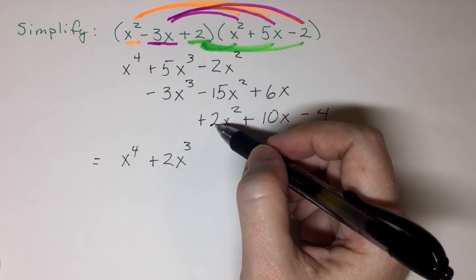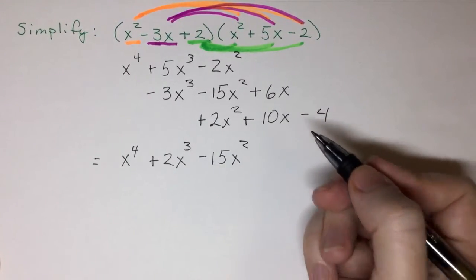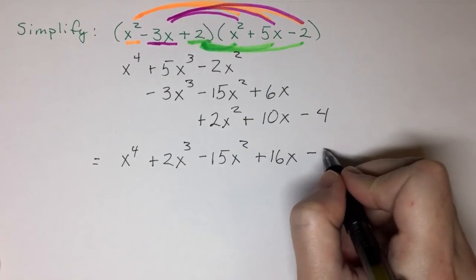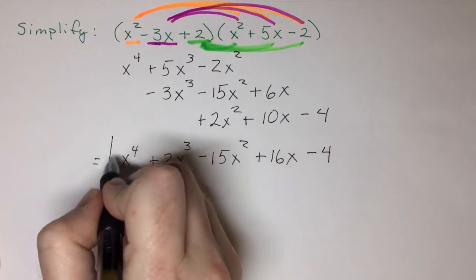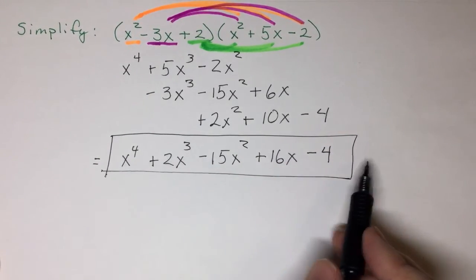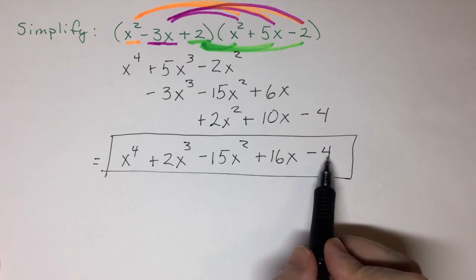Negative 2 plus 2 is 0, so I'm just left with minus 15x squared, plus 6 plus 10, plus 16x minus 4. In descending order, a polynomial, leading coefficient of 1, degree of 4, constant term of negative 4.